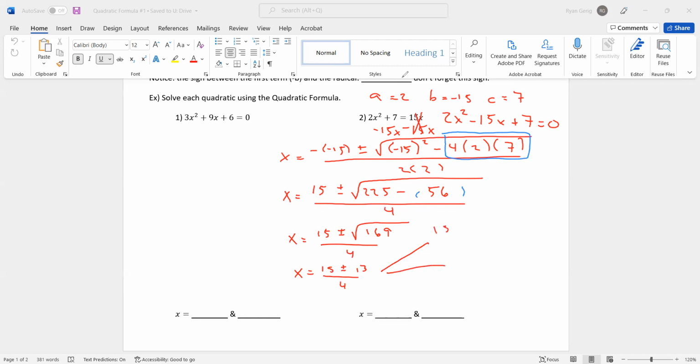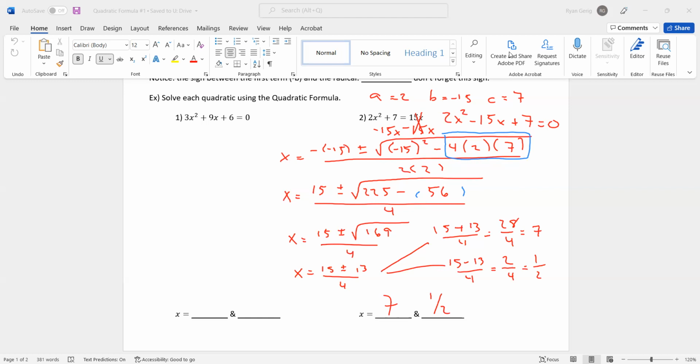So 15 plus 13 divided by 4, and then 15 minus 13 divided by 4. 15 plus 13 is 28, divided by 4 gives me 7. 15 minus 13 is 2, divided by 4, which gives me 1/2. So my two answers are 7 and 1/2. Okay.